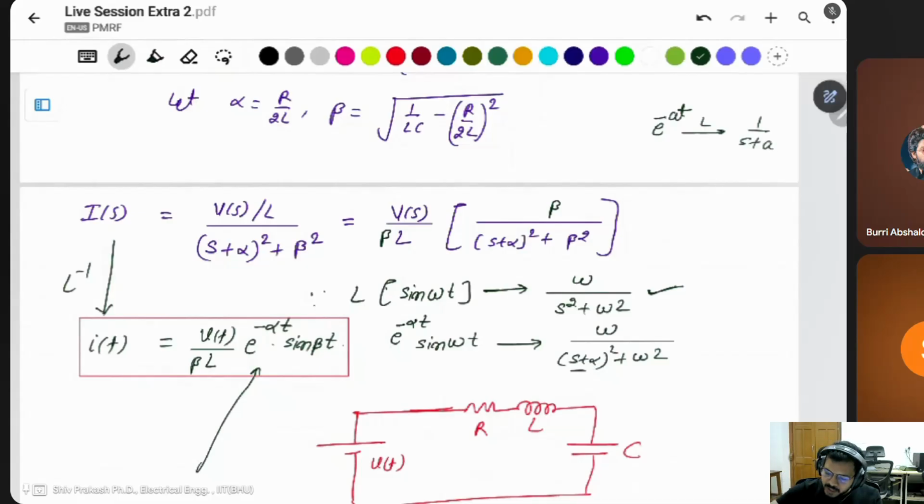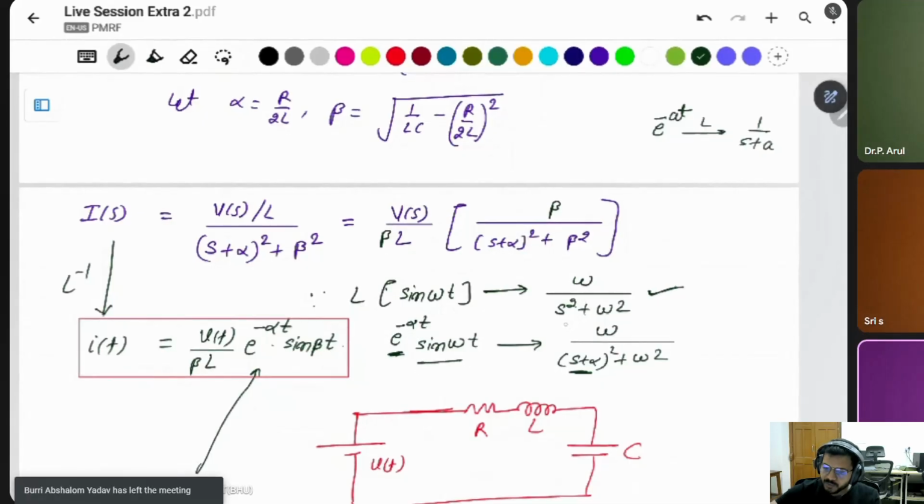That means this makes the e power at. If alpha is 0, then this factor is 1, and only sin omega t remains, which is omega divided by s square plus omega square.